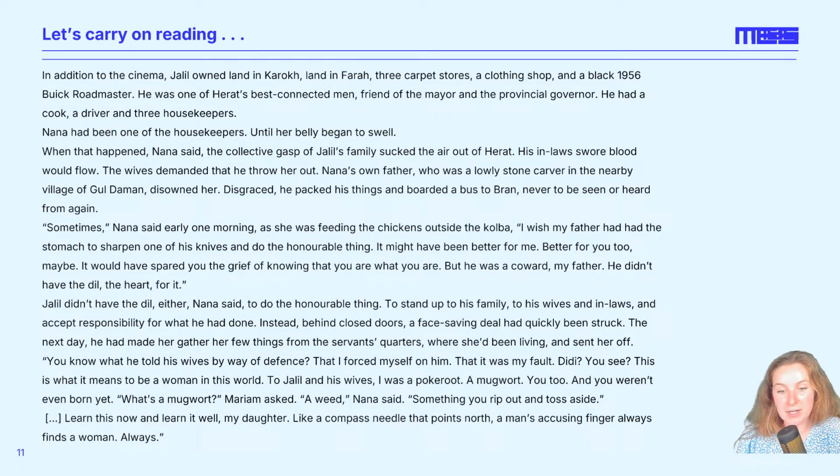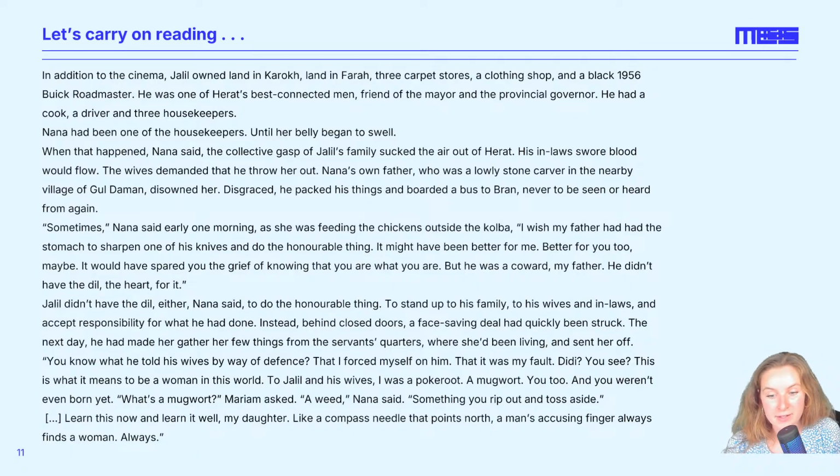Sometimes, Nana said early one morning, as she was feeding the chickens outside the kolba, I wish my father had had the stomach to sharpen one of his knives and do the honourable thing. It might have been better for me. Better for you, too, maybe. It would have spared you the grief of knowing that you are what you are. But he was a coward, my father. He didn't have the dil, the heart for it.